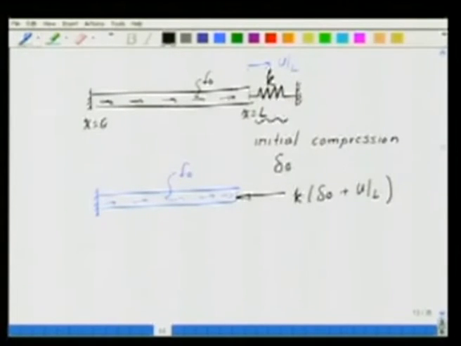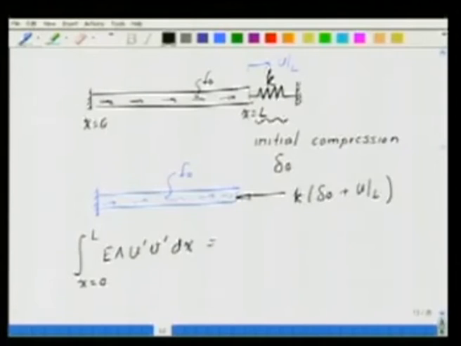So, now in our formulations that we have done, let us write the weak form for this problem. You should always write the weak form to the particular problem that you are trying to solve to understand what is going on.